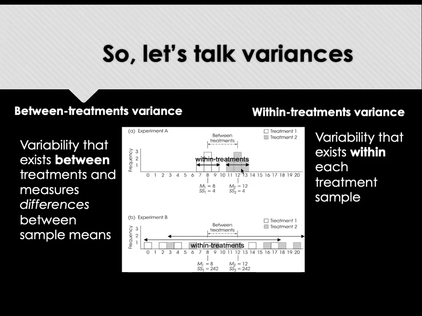Same, right? Everyone who's getting the play therapy isn't going to score exactly the same on an anxiety measure. There's going to be a little bit of variance among those scores. And so within treatment variance is the variance or variability that exists within each treatment sample. And then again, the between treatment variance is what's the difference or variance from one treatment to another.